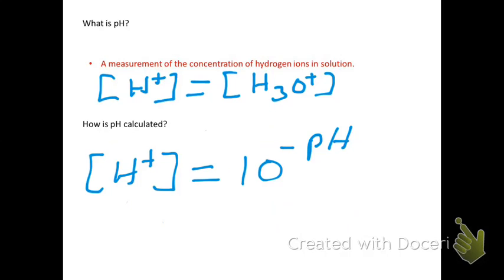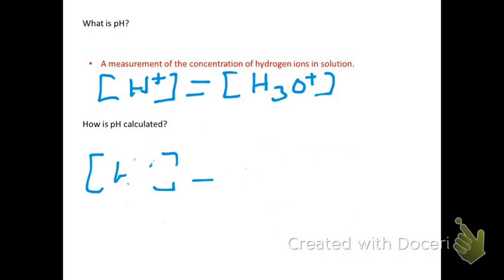And so you can use this to find the H plus concentration. Go either way. Both these equations and approaches are very important for you to know and understand. So make sure that you have these equations in your notes, and we need to practice them.